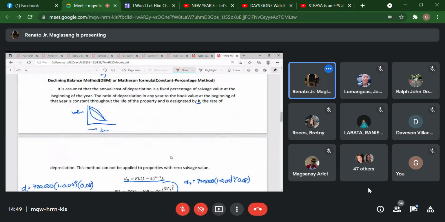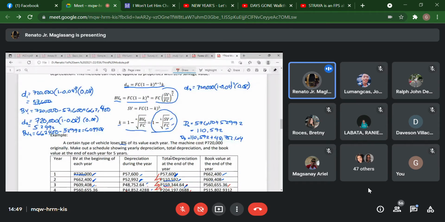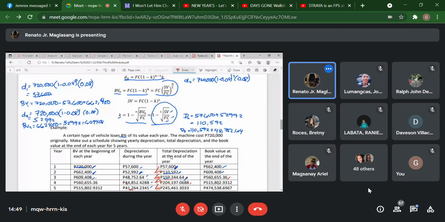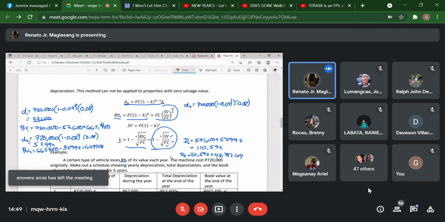Question. So for example, you are asked to determine the salvage value without getting this table. You can also use this one. So salvage value is equal to 720,000 times 1 minus 0.08 to the 5.